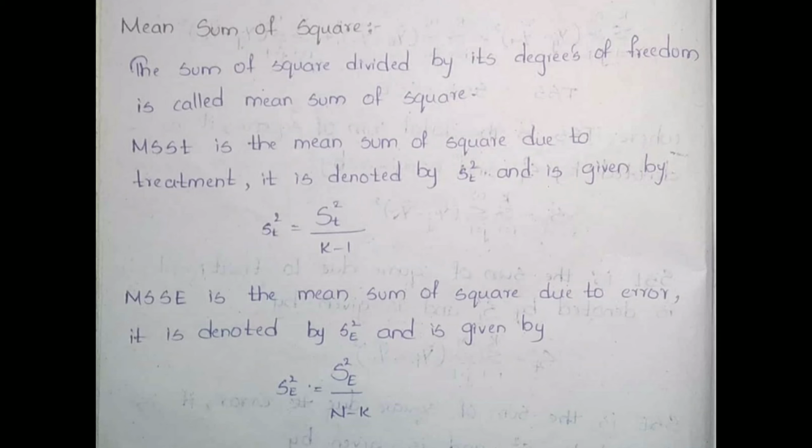The same thing we can find for the error: MSSE equals sum of square due to the error SSE divided by capital N minus k. So we get the mean sum of square due to the error.